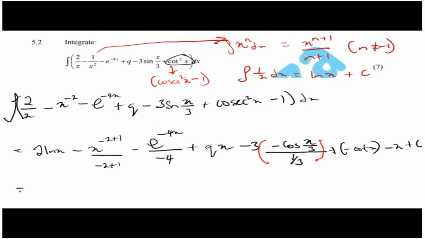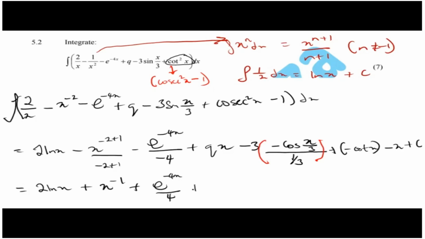This should be 2 ln x. Then here will be plus x raised to the power minus 1, because this is minus 1, so it will change this sign. So now here, this is plus e raised to the power minus 4 over 4.